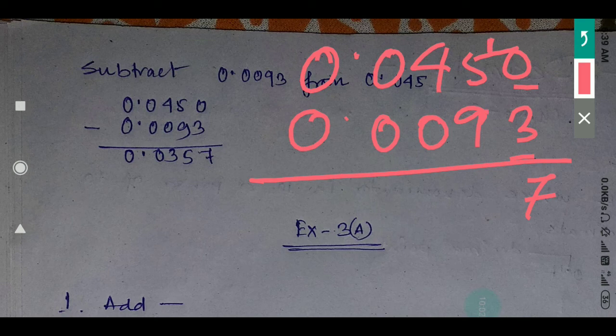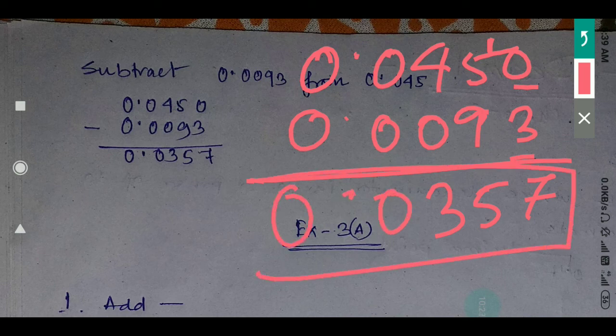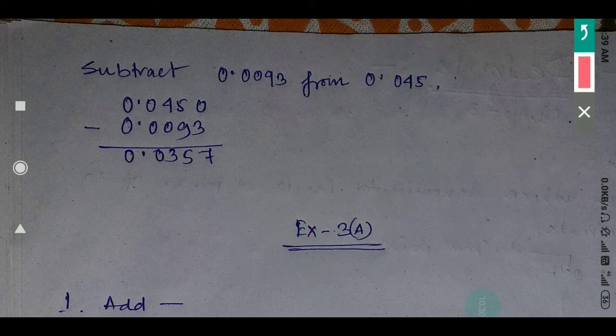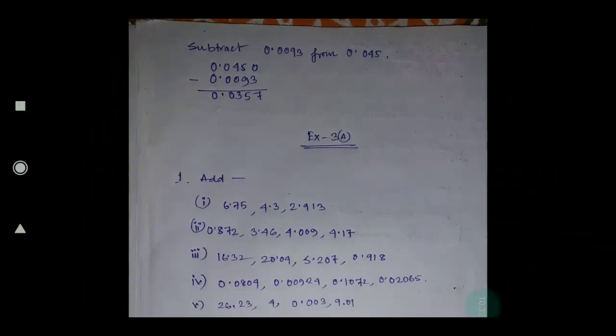So 5 minus 0 means 5. That carry 1 is there now, that 1 will be added here, so it will be 1. So 4 minus 1 is 3. Now 0 minus 0, 0, 0. So this will be your answer after subtraction, 0.0357.